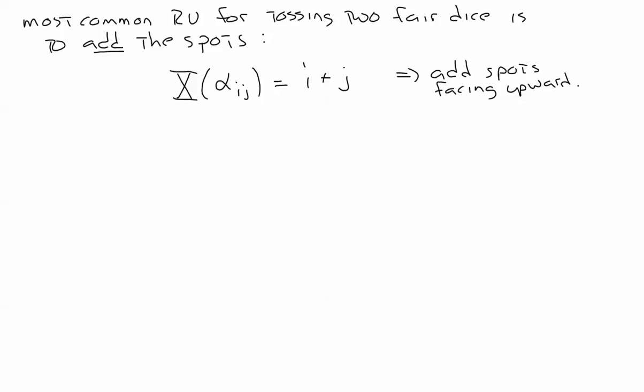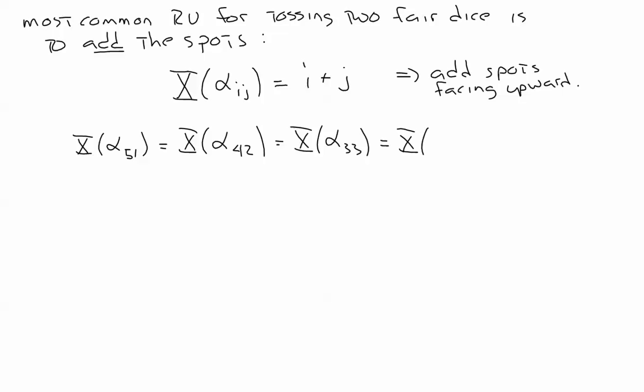All right. So, for example, X of alpha 5,1 is going to equal X of alpha 4,2 equals X of alpha 3,3 equals X of alpha 2,4, which equals X of alpha 1,5, and of course these all equal 6. 6 spots up.